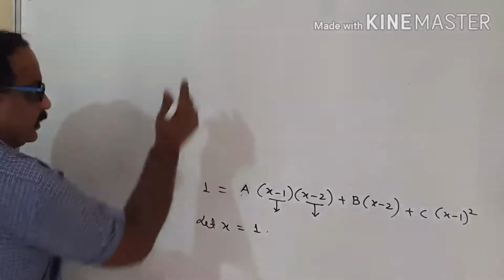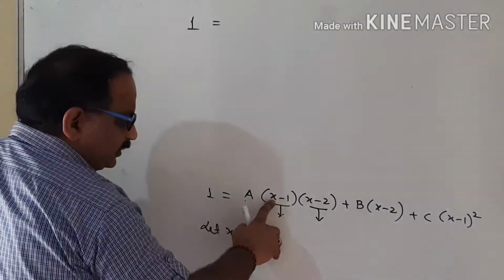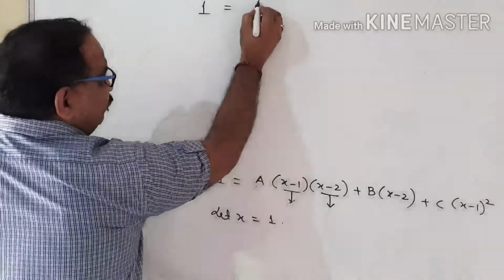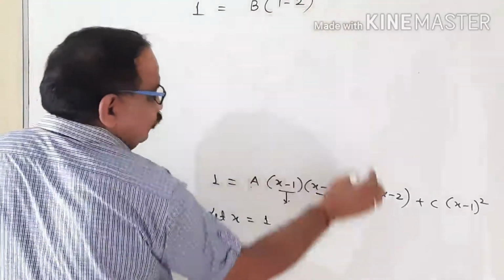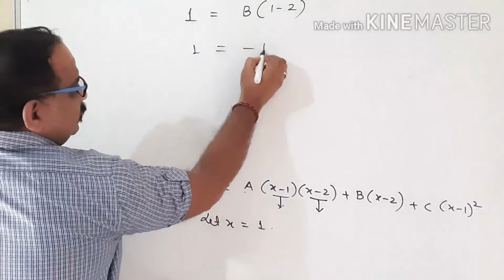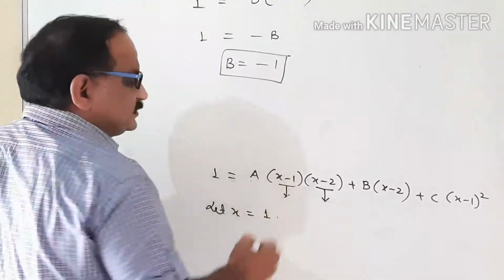If I am putting 1, the left hand side is still 1. In the right hand side, 1 minus 1 becomes 0, so this entire portion will be 0. So we are left with b, here is 1 minus 2, and this portion is also 0. So 1 equals minus b, and finally b equals minus 1. That is our first part.